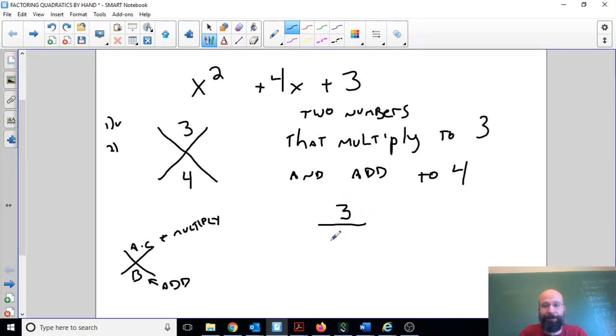And this was an easy one. There's only one pair of factors of 3, 1 and 3. So 1 times 3 is 3. But we need these factors to add to 4, and 1 plus 3 is also 4. So these are our 2 factors, 1 and 3. So that's step 2, and that is the hardest step, but when we do harder problems, we're going to write this out, and I can walk you through it.